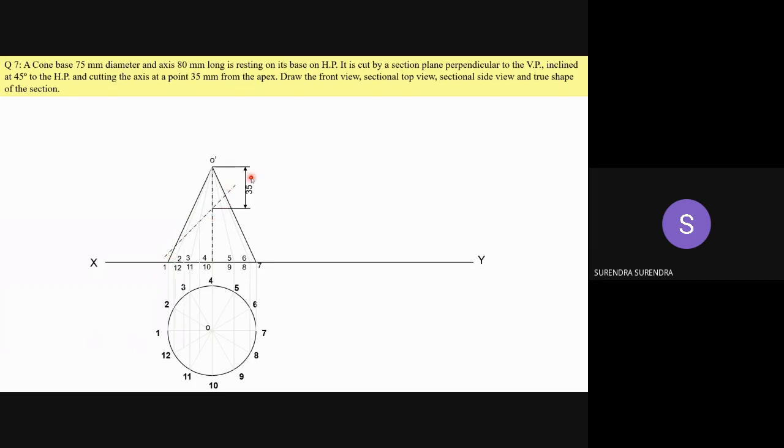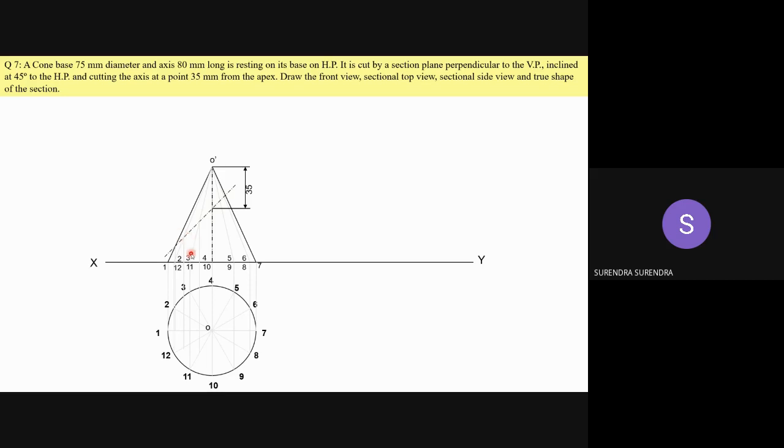Now, mark the points where this cutting plane is intersecting the generators. It is intersecting the generators 1', 2', 3', 4', 5', 6', 7', again 8', 9', 10', 11', 12' in a cyclic order.